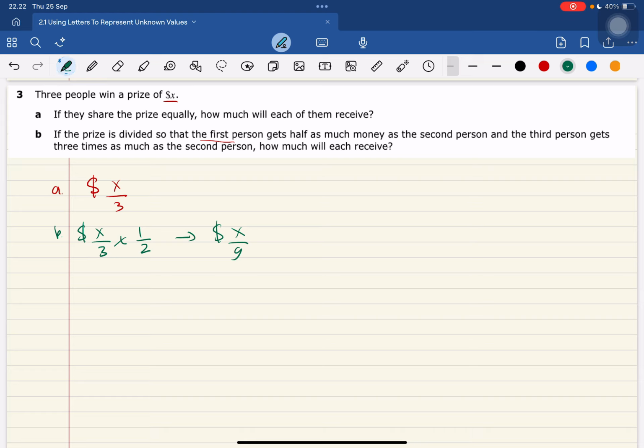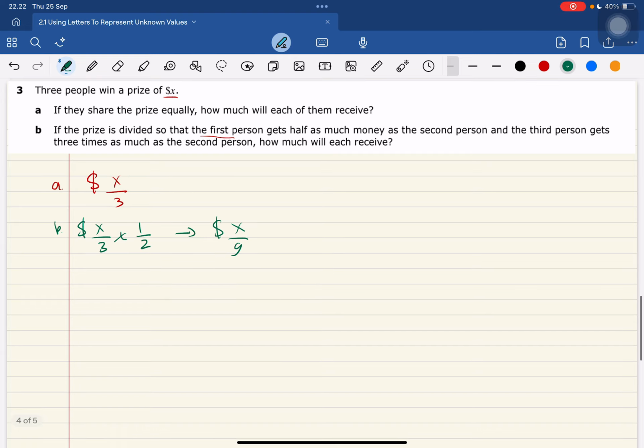Half as much money as the second person. The third person gets 3 times as much as the second person. Okay, if this is a half, the first person is a half. So for the second person, we multiply by 2. X over 9, sorry, we multiply by 2.